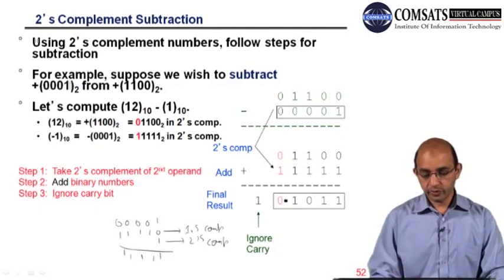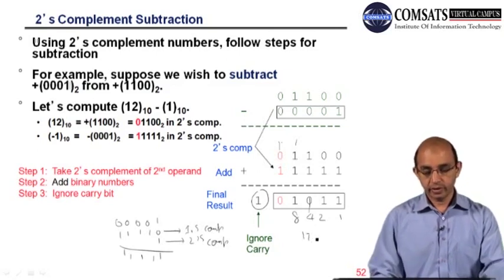Now we have to add 1 1 0 plus 1 1. The carry moves here, giving 1 1 0, and this is the carry, which we have to ignore. So 8 4 2 1, this is 0, we have 11. If we do it in the decimal number system, we will have the same answer.